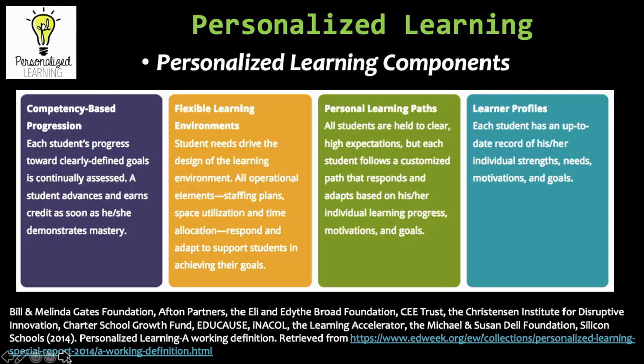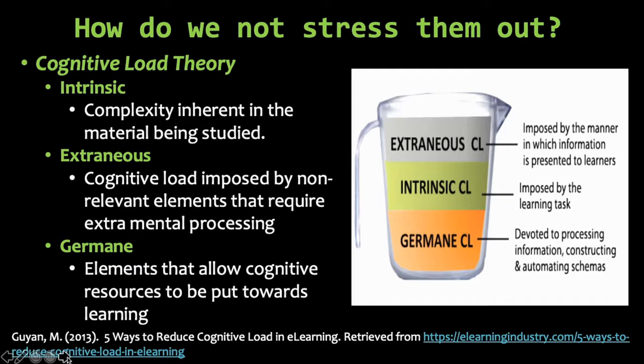Cognitive load is basically the amount of mental stress that's placed on a learner when they're completing various tasks. And it can vary based on the task that they're working with. Sometimes students have intrinsic load, where the complexity of the material may cause a higher cognitive load than material that may not be as complex.